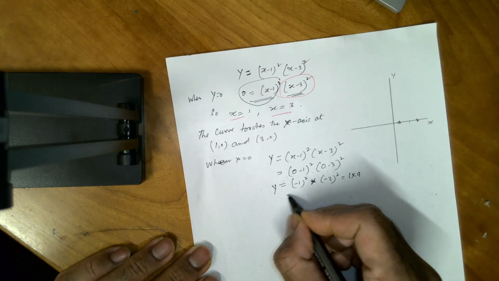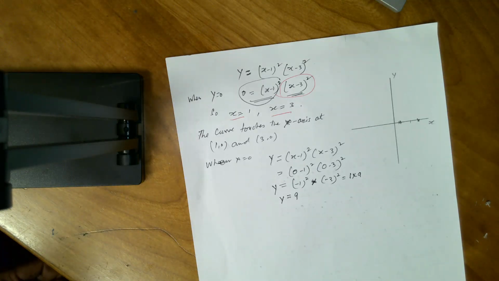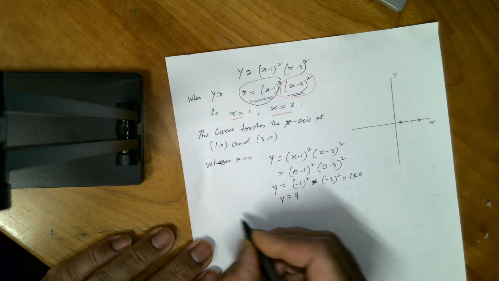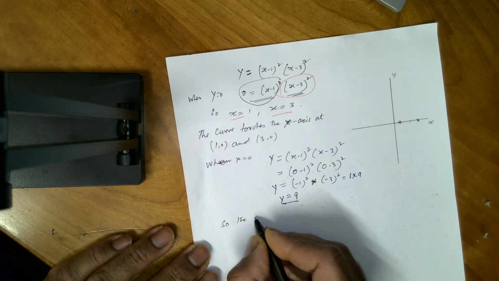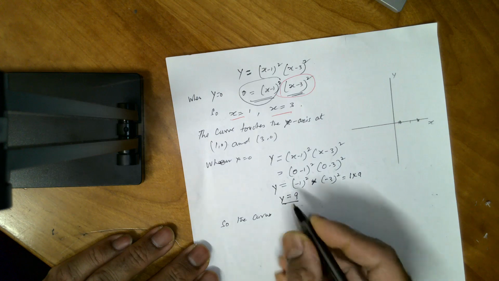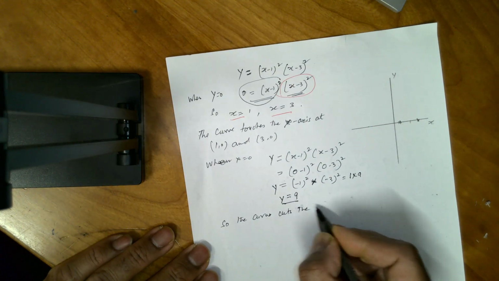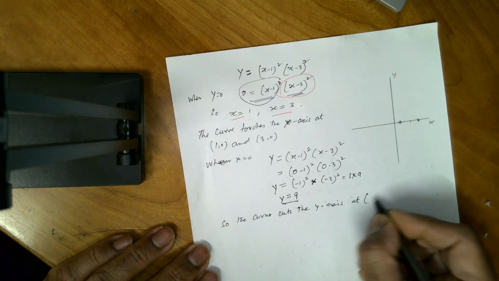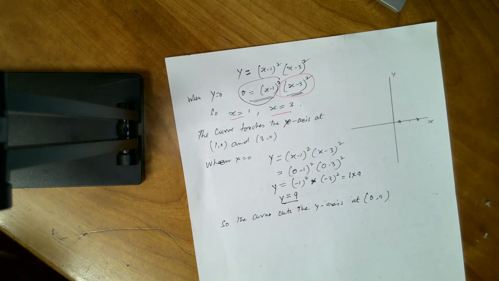Okay, so your y equal to 9. All right, so when x equal to 0, your y is 9. So the curve cuts the y-axis at 0 and 9.